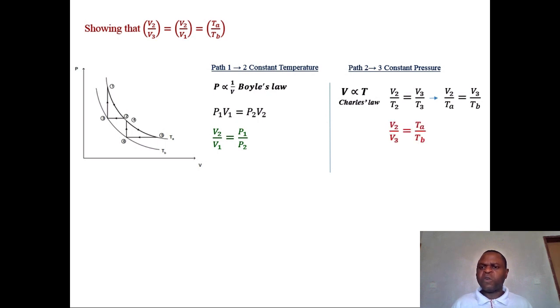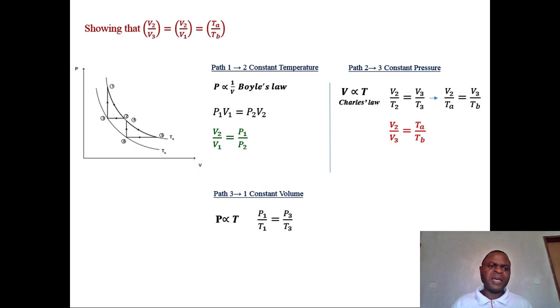So V2 over V3 is equal to TA over TB. We have another relationship of this form. Then we can also consider the path from 3 to 1 at constant volume. From 3 to 1, we see that the volume is constant, but the pressure is increasing. So pressure is proportional to temperature.